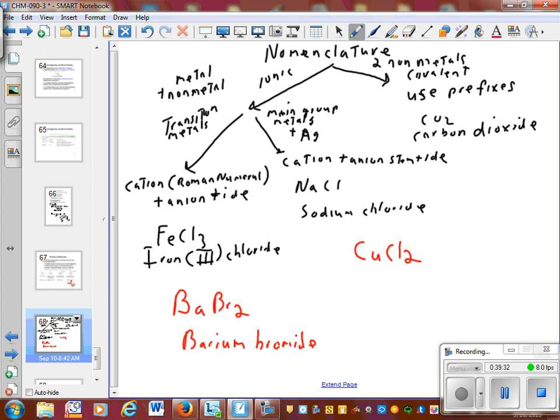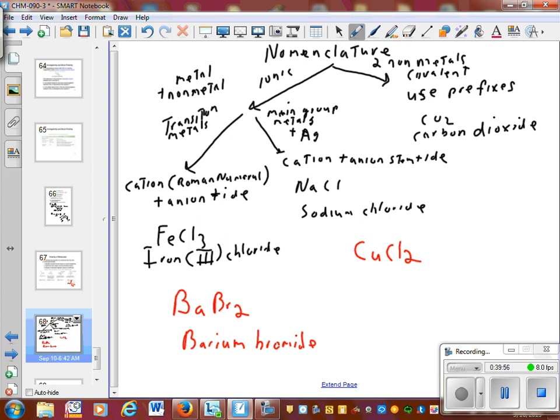So, CuCl2, ionic or covalent? It must be ionic. Is copper a transition metal? Look at the periodic table, you should be able to tell. It's transition, so it could have more than one charge.